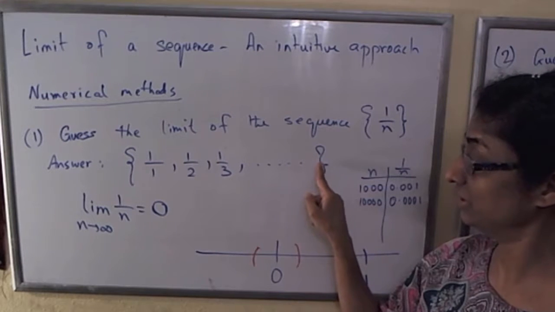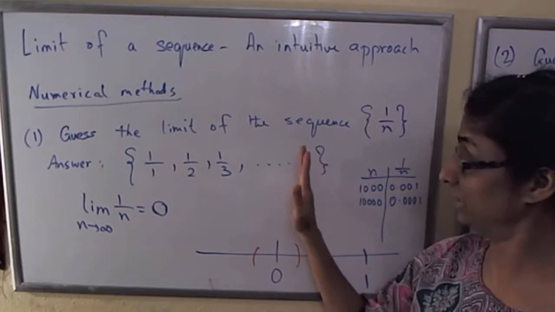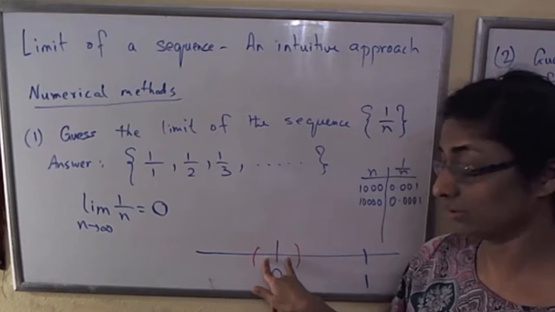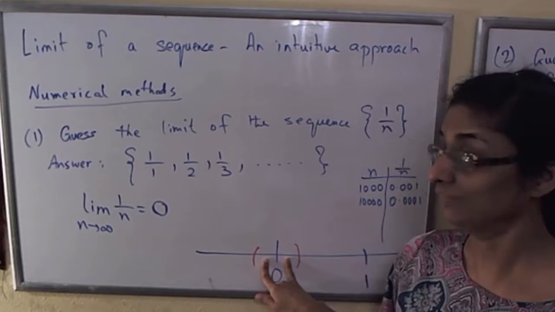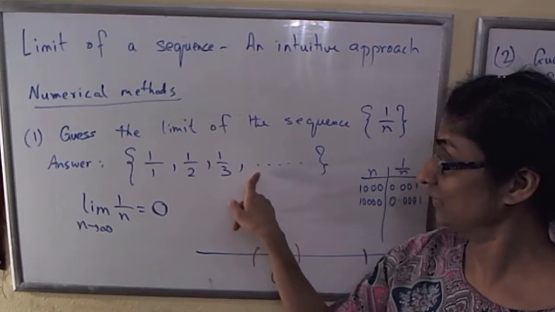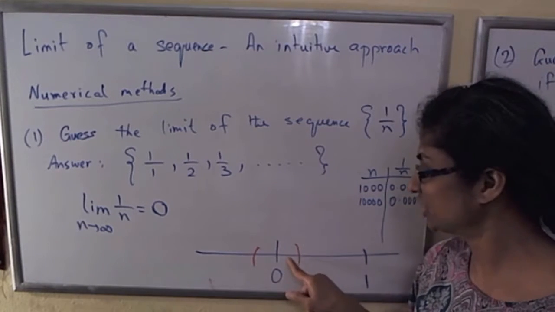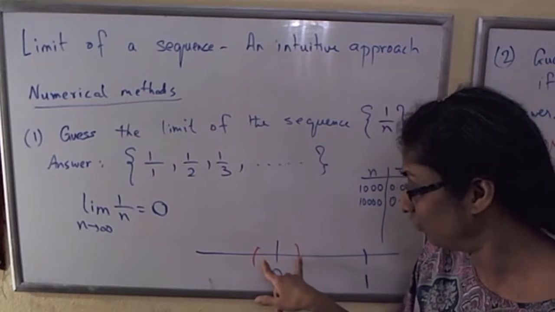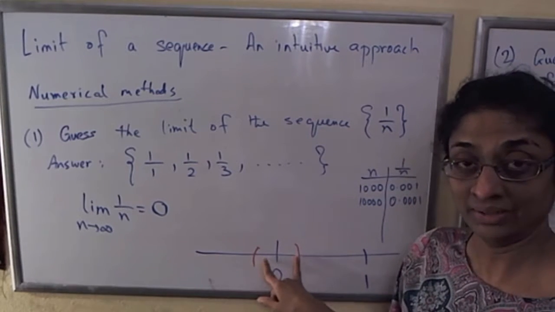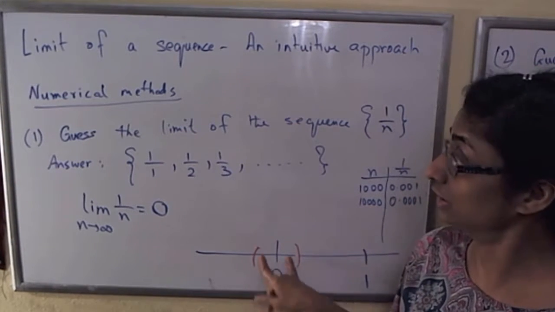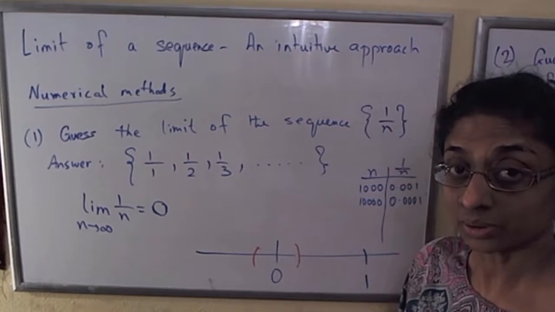Every element in the sequence down the line after a cutoff point will lie in this neighborhood. And so that means down the line the numbers in the sequence will start crowding 0 and will be in this neighborhood, and that's what this limit definition means.